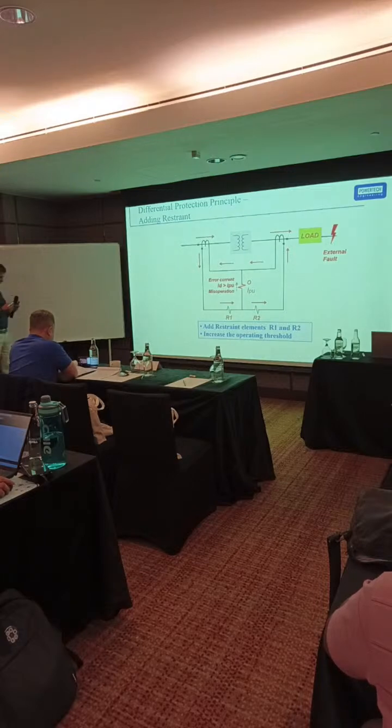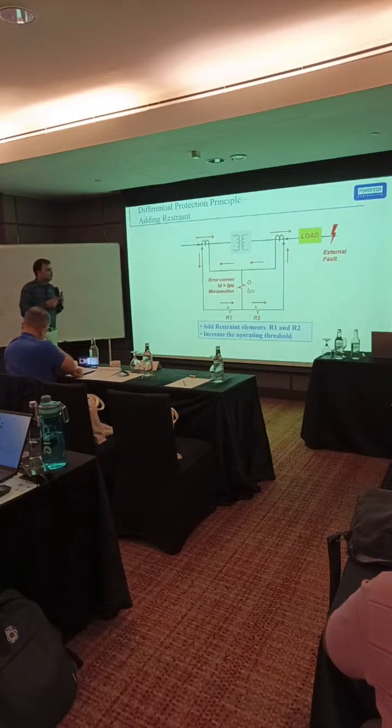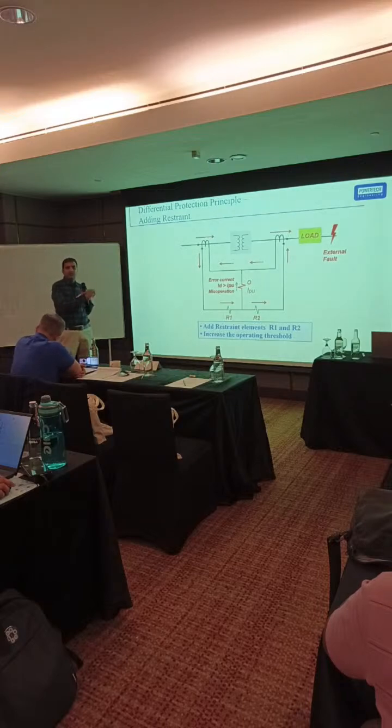This restraining coil is in every relay, but the measuring technique is different in all relays. So it is not a standard that at this current the differential slope should be 30% or 40%.